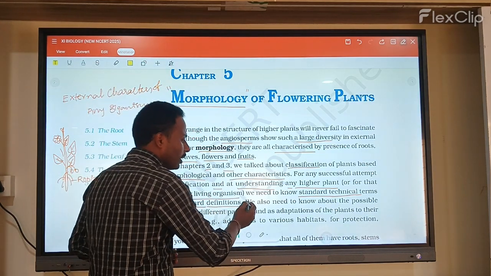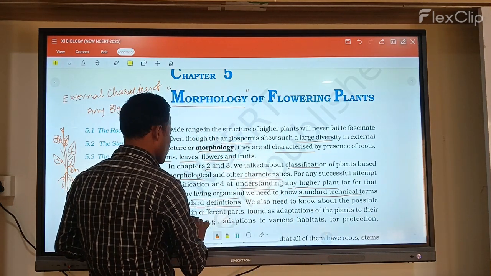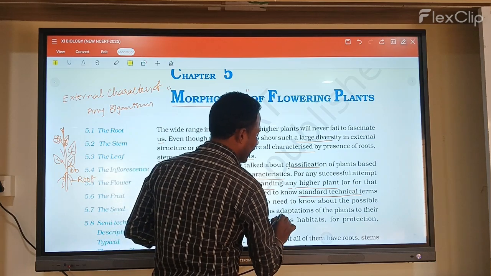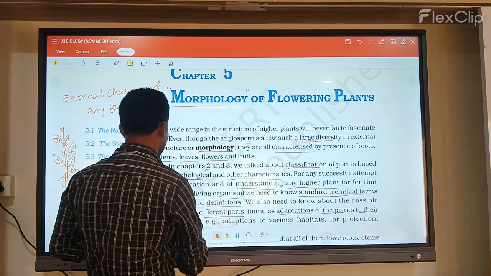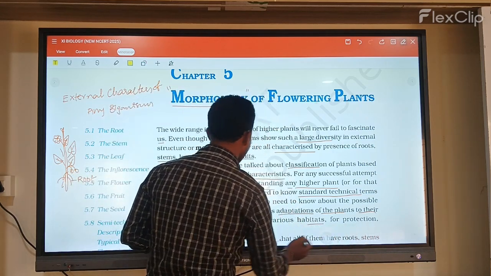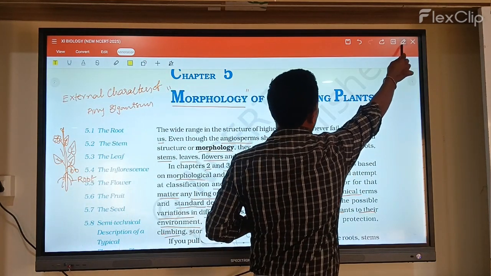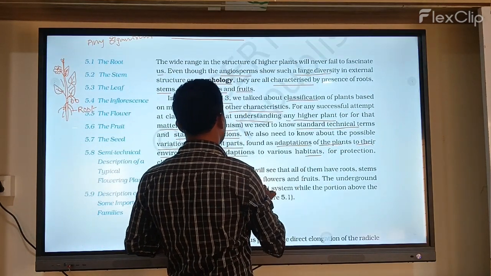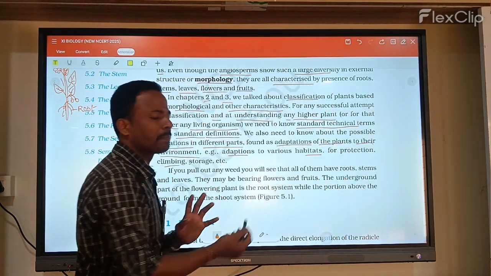We also need to know the possible variations of the different parts found in the adaptations of the plants to their environment, that is, adaptation to various habitats for protection, for climbing, and for the storage of food, etc. These are the adaptations that take place.